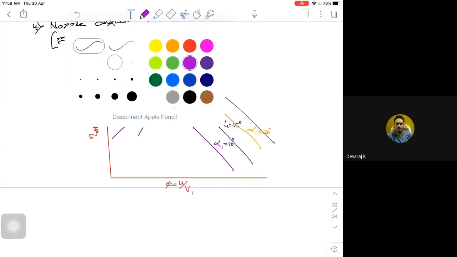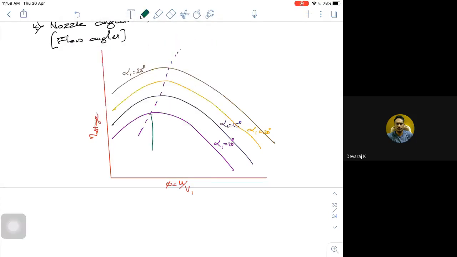This is your maximum phi. This is the maximum phi for that particular stage efficiency. So you may get it like this, from alpha as low as 10, 12 or 14 degrees, or it can be 20 or 25 degrees, up to a maximum of 28 or 30 degrees.